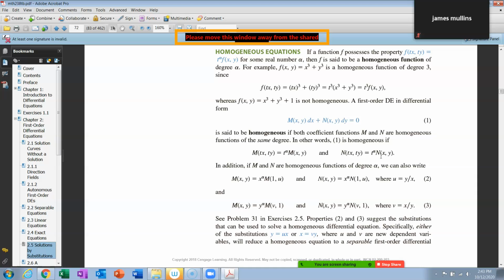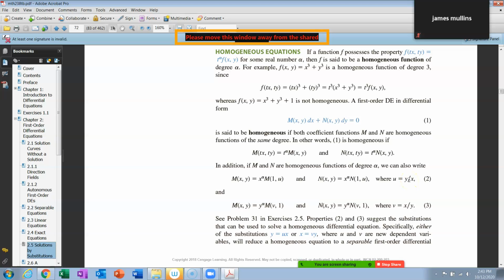Okay, now why introduce this concept of t? It's certainly correct, it's absolutely correct, but it seems like a much easier way to express that. In addition, if M and N are homogeneous functions of degree alpha, we can also write M of x, y is equal to x to the alpha M1 of u, and N of x, y is equal to x to the alpha N1 of u, where u is y over x.